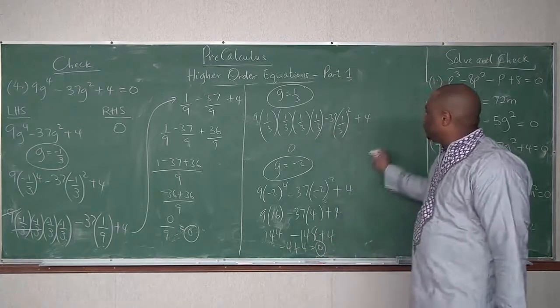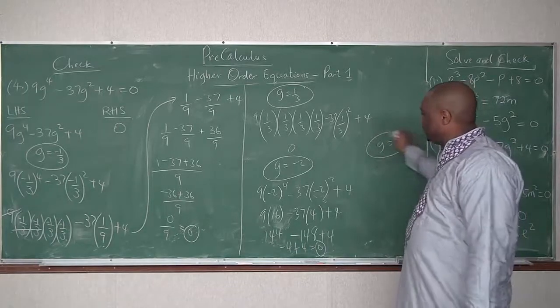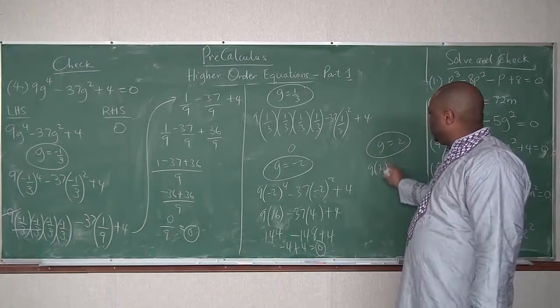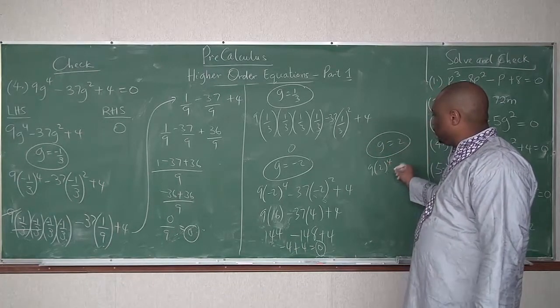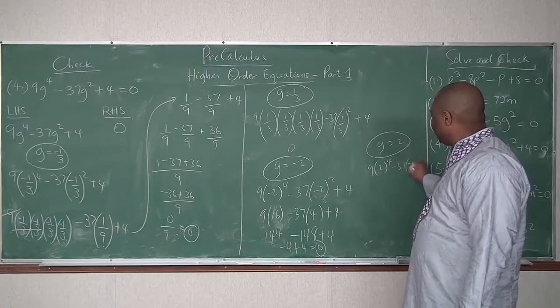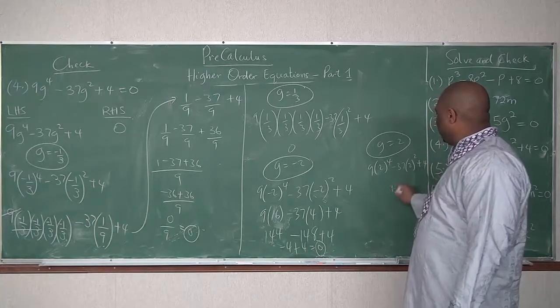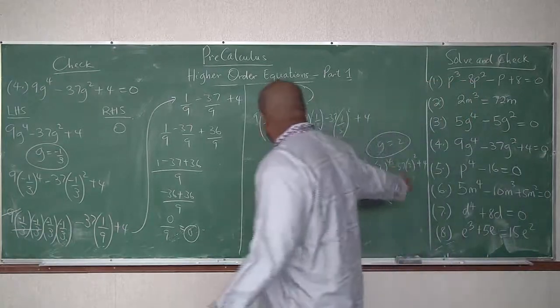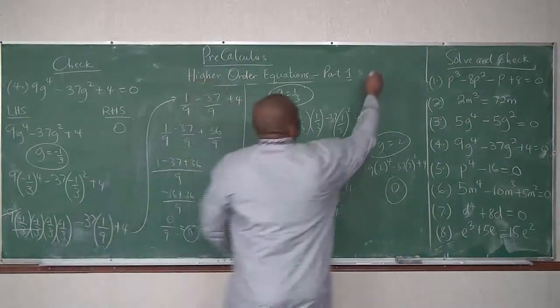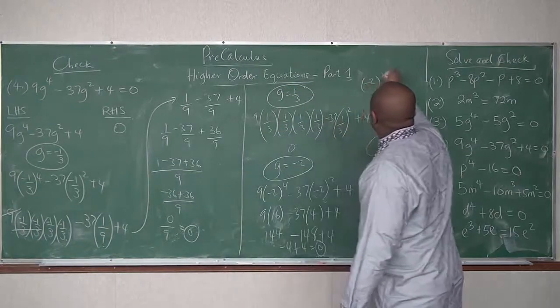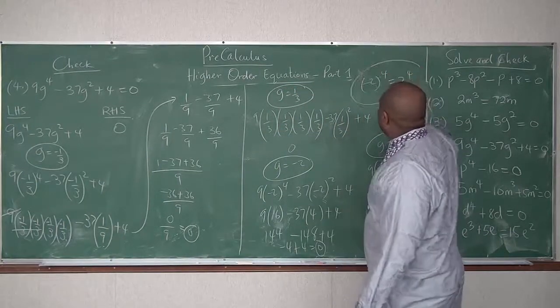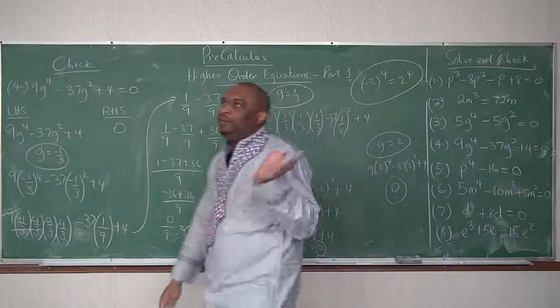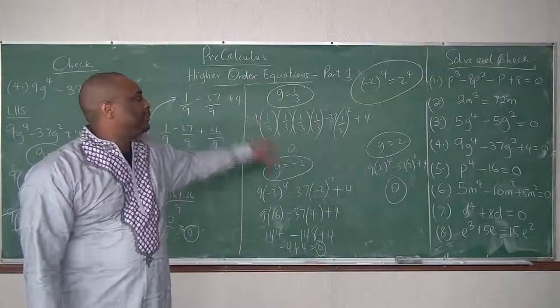Then if you also do g equal to 2, you still do the same thing. 9 times 2 raised to power 4 minus 37 times 2 squared plus 4. This is going to give you 0. It will still give you 0 because it will be 9 times 16. This stems from the fact that negative 2 all raised to power 4 is the same as 2 to the 4. Please view the videos on exponents.